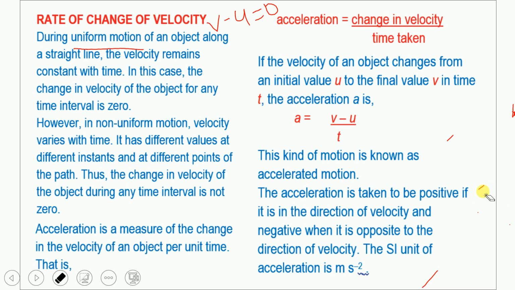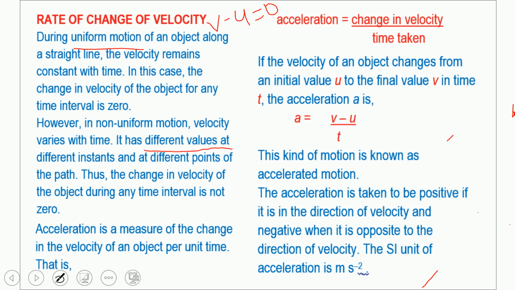Now the next case is the change in velocity. Now the velocity is changing. In any interval of time, if we see a change, then we will say that it is accelerating.